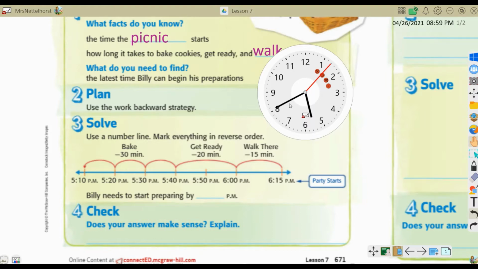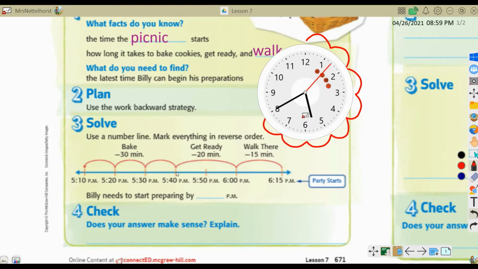So now the time is 5, and then I need to see how many minutes after the hour of 5. So I'm going to count by 5s, going around the clock, starting at the 12. 5, 10, 15, 20, 25, 30, 35, 40. So you can see here that I've written 5:40 on my timeline.